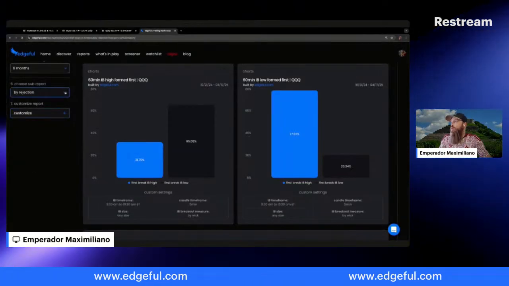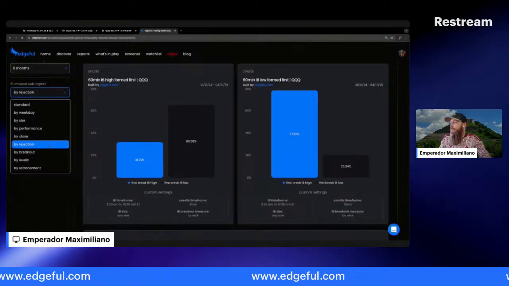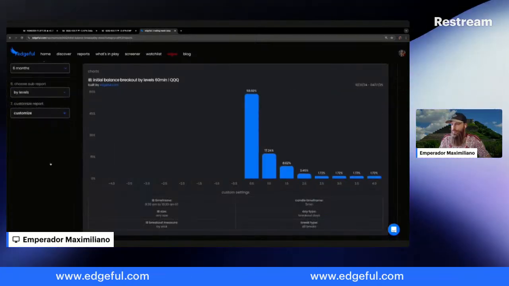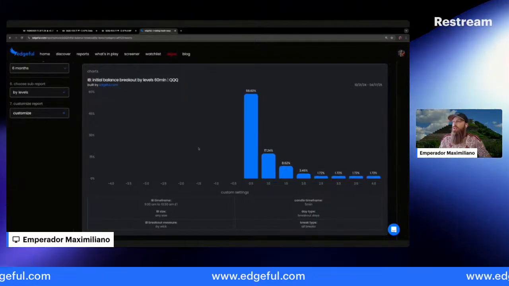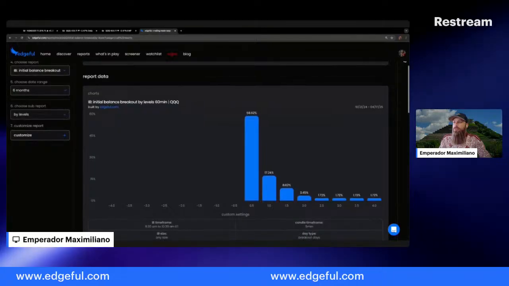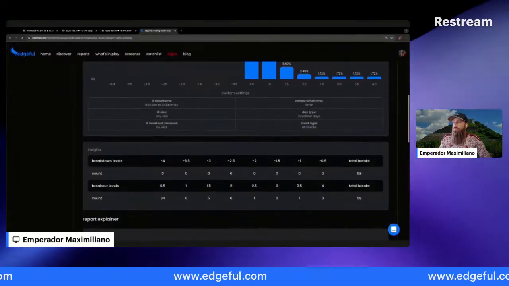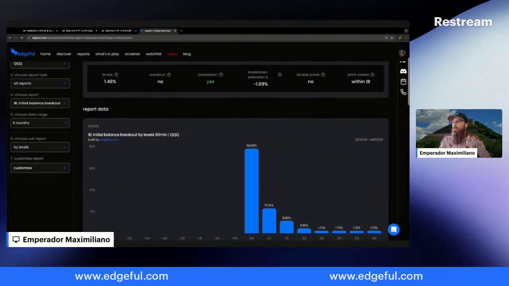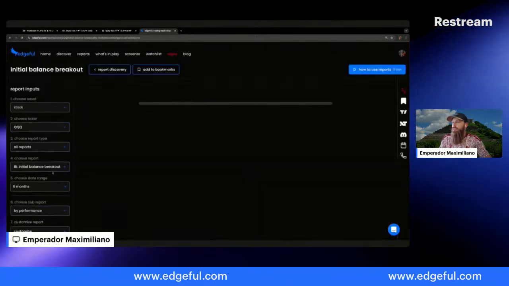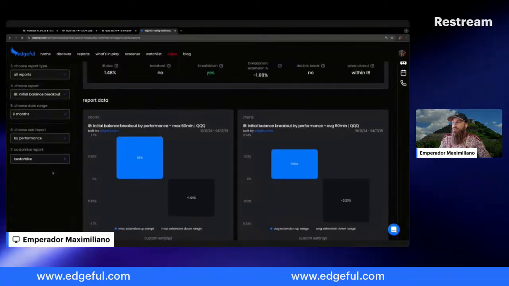All right, there's one other piece that we can look at on here, and it's by levels. Let me find it real fast. What is the performance?